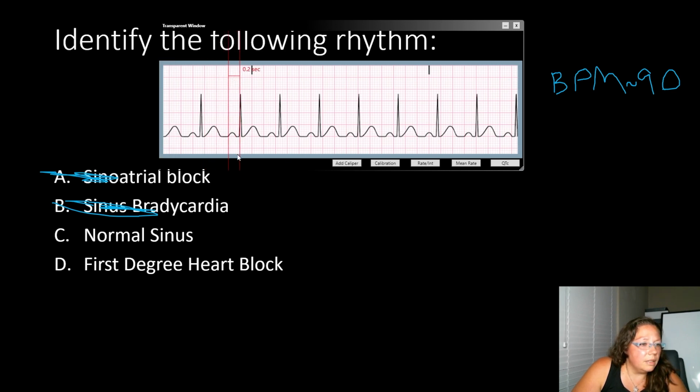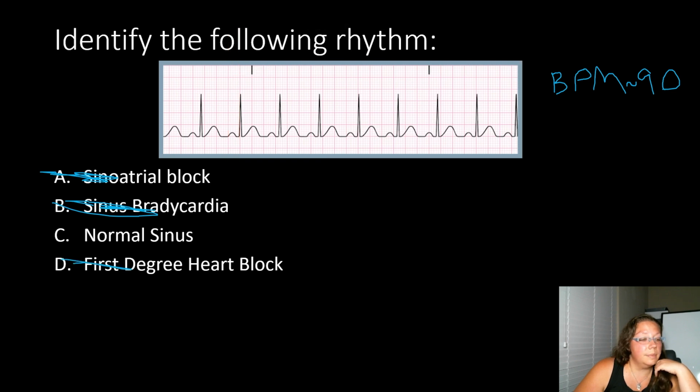Let's check out this PR interval. Oh, it's right at 0.2. Let's get this tweaked a bit. 0.19, that's the PR interval. That's pretty good. Is it less than 0.2 or is it greater than 0.2? It's less than 0.2, so we don't have first degree heart block. We actually have a normal sinus.